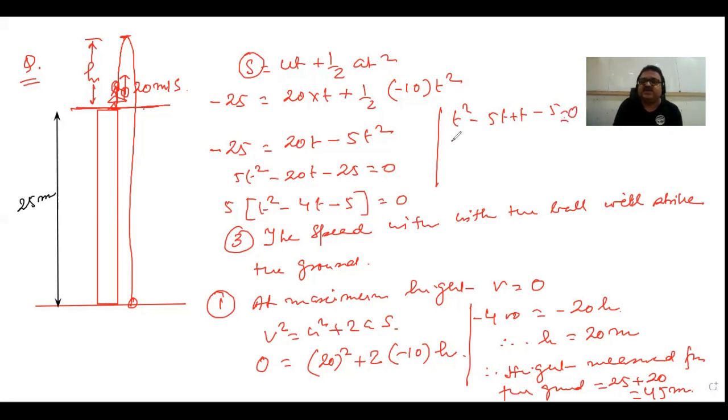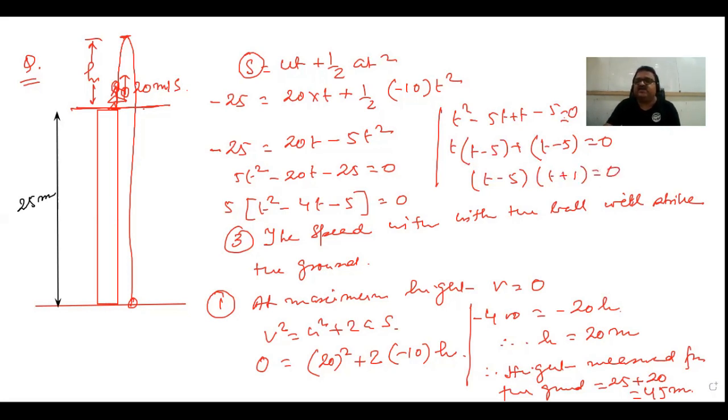Correct? So if I take t common, t minus 5 plus 1 common, t minus 5 is equal to 0. So t minus 5 into t plus 1 is equal to 0.